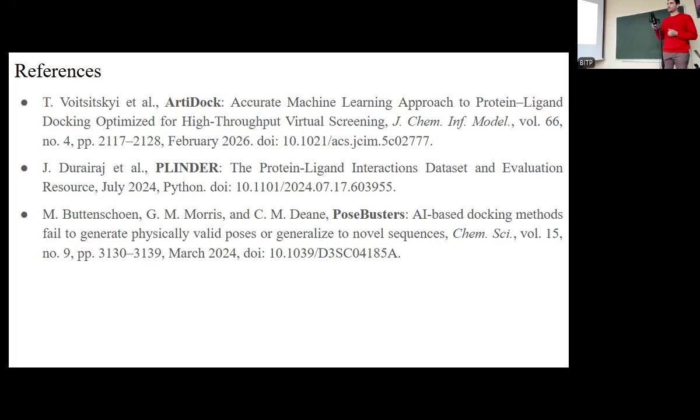Basically, it's designed for high throughput virtual screening, where we need to screen millions, tens of millions, even billions of small organic molecules against some drug target to find the most promising candidates. And of course, apart from accuracy, we critically need speed of the tools to make it cost efficient.